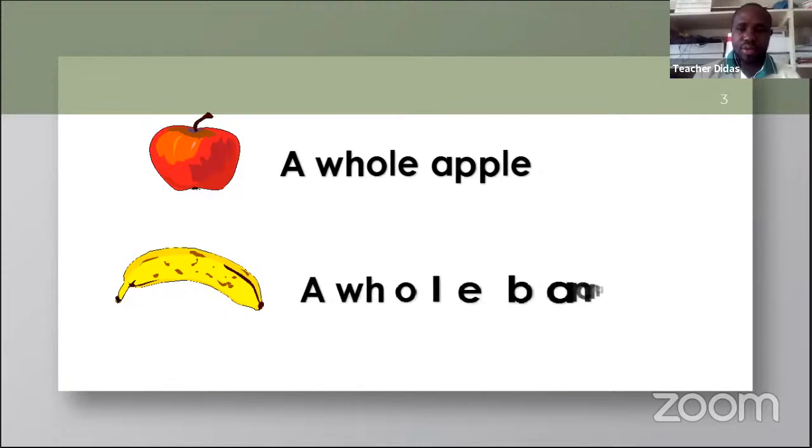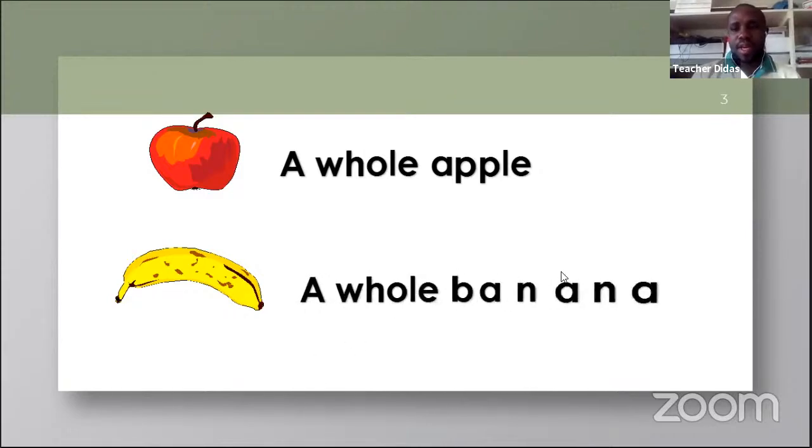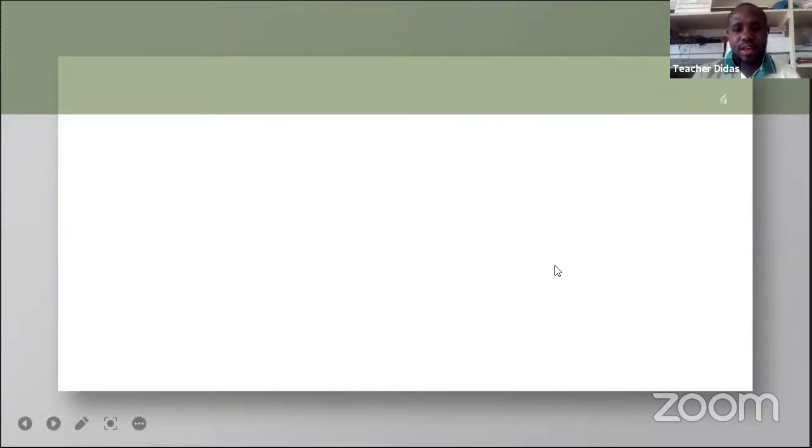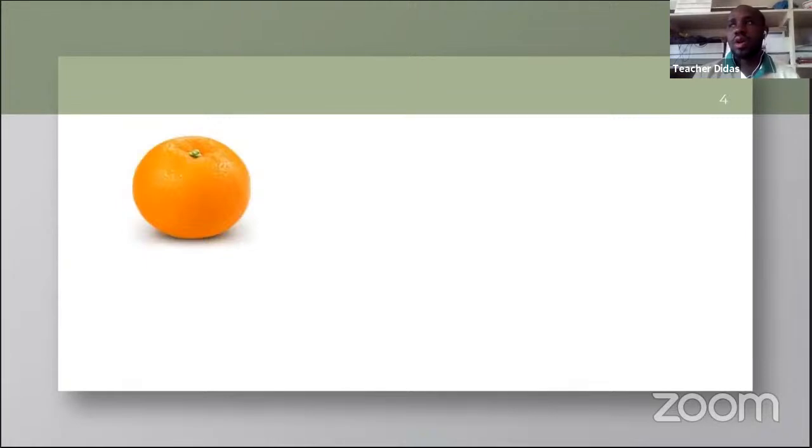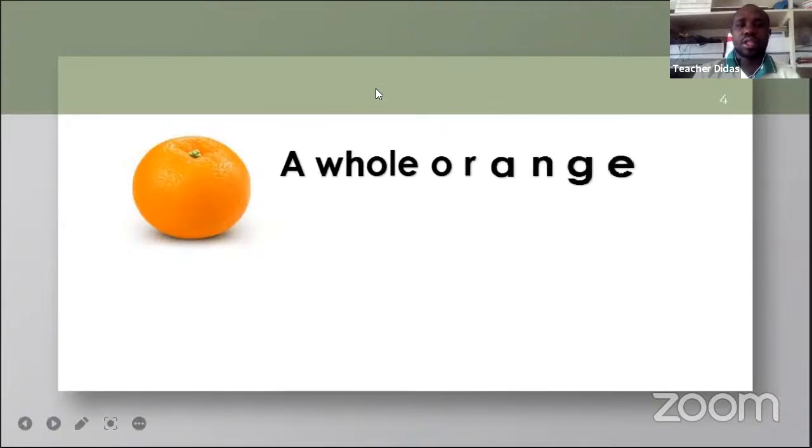Our banana is whole. Then I had another one, and it was a whole orange. And one of our friends said, teacher, that is a whole orange.